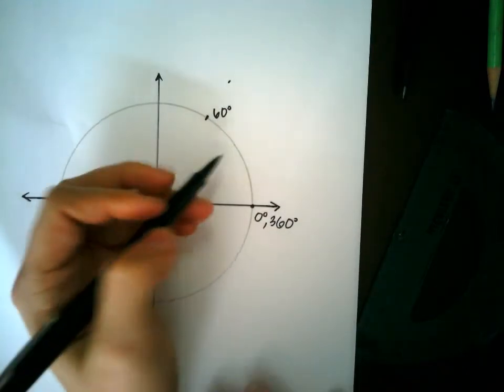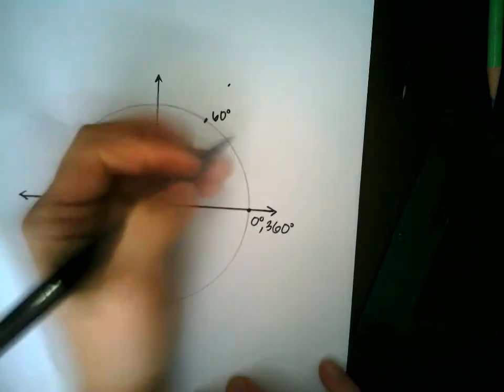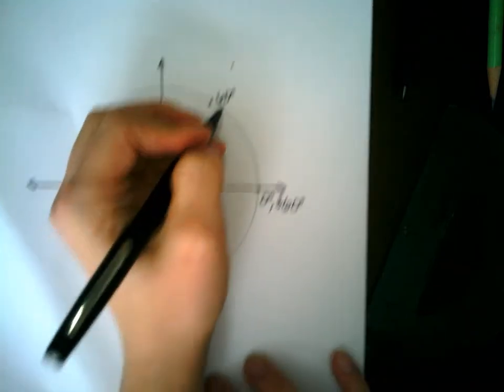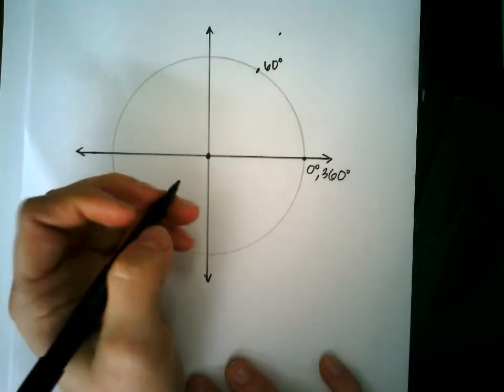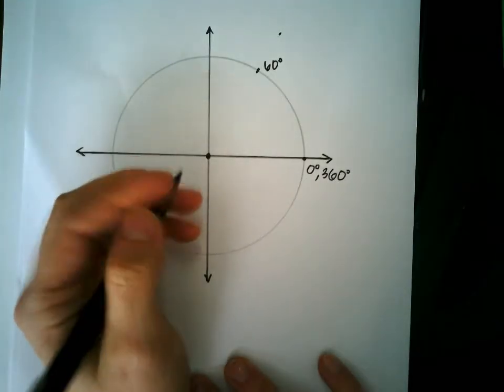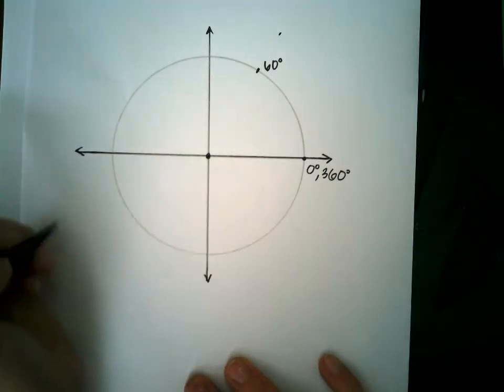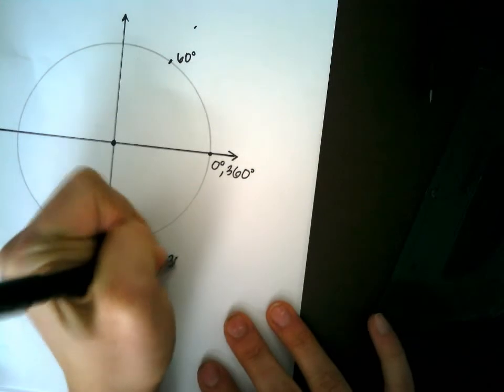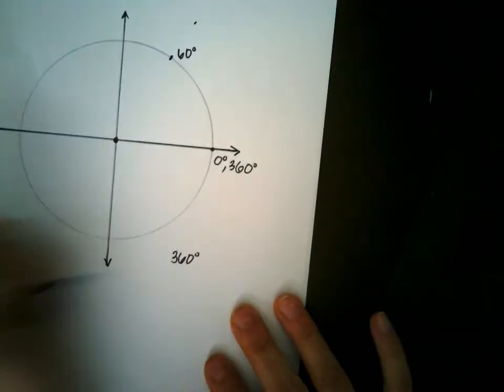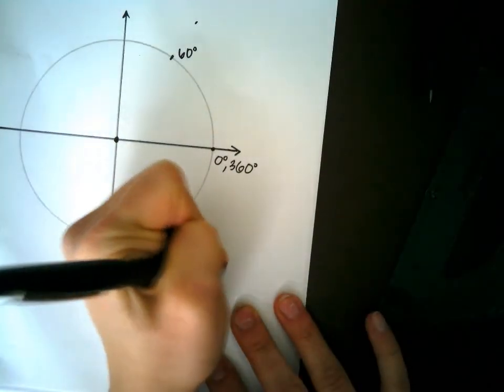So what we're going to talk about is how to convert back and forth between degrees and radians. The way that we do that is by figuring out how many radians 1 degree is. So I know, for starters, that 360 degrees is equal to 2 pi radians.